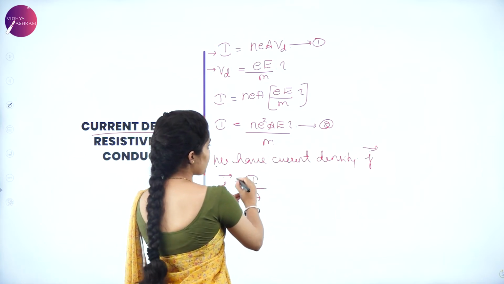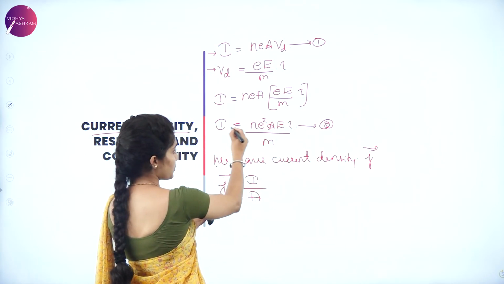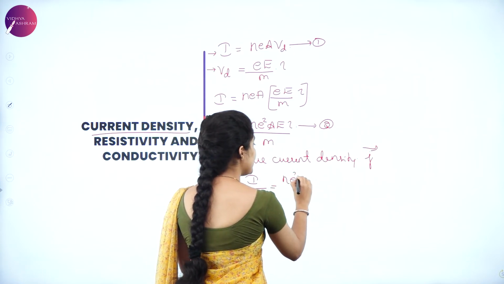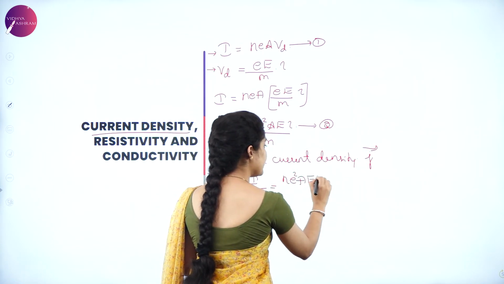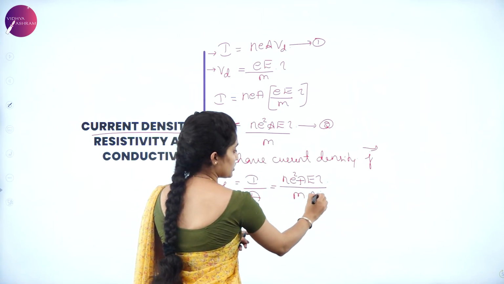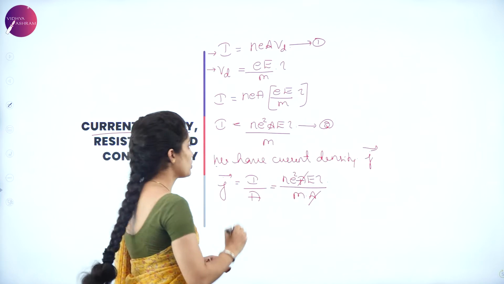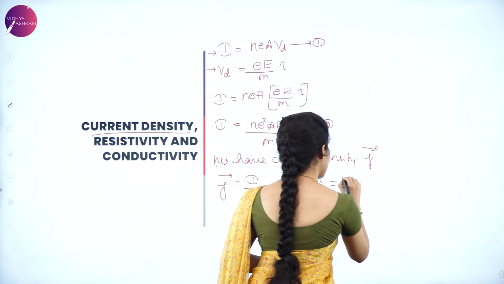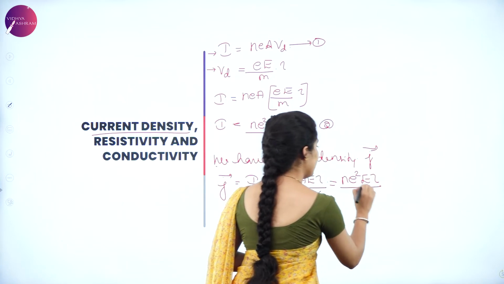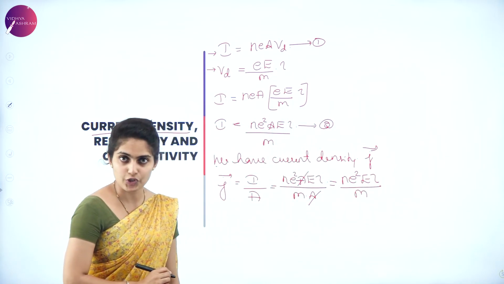I will substitute equation 2 for the current in the place of I. So N E square A E tau by M into 1 by A. A cancels with A. So what am I left with? It is N E square E tau divided by M. So this is the equation now.